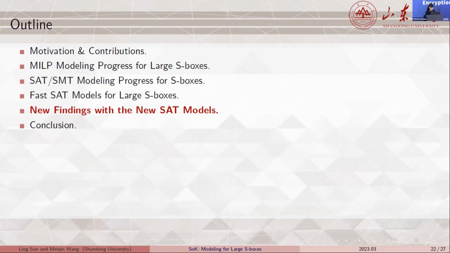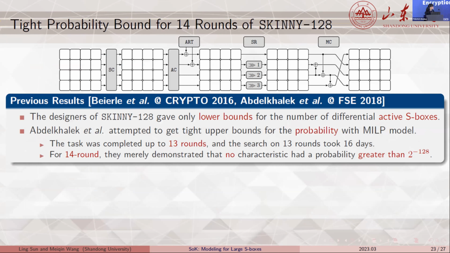Now we have several new findings with the new set model. The first one is that the previous work attempted to get tight upper bounds for the probability with a MILP model, and the task was completed up to 13 rounds, but for 14 rounds, they merely demonstrated that no characteristic had a probability greater than 2 to the minus 128.